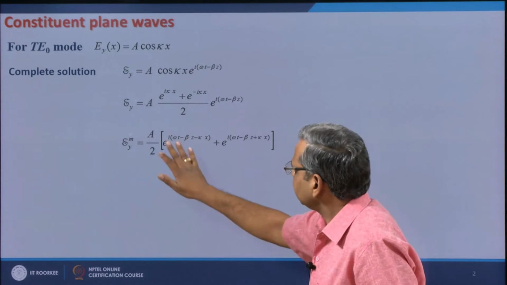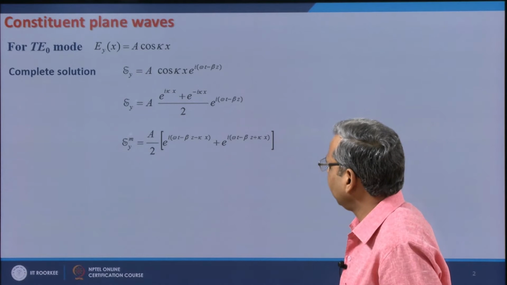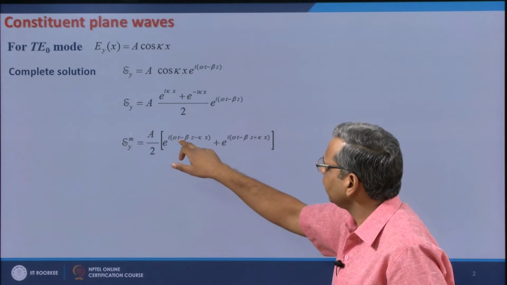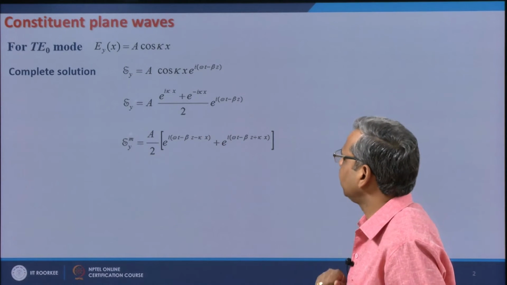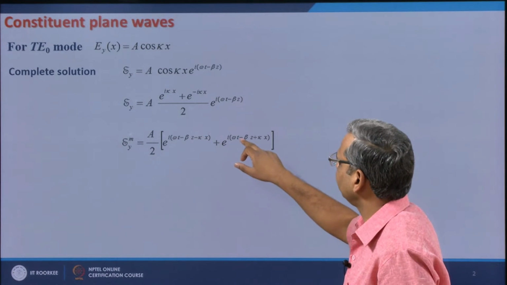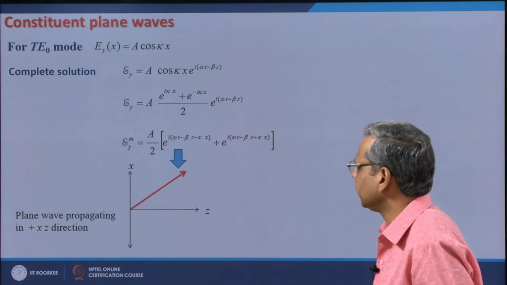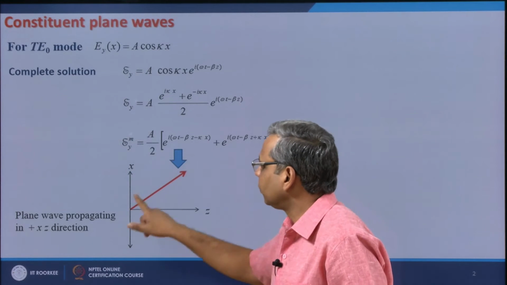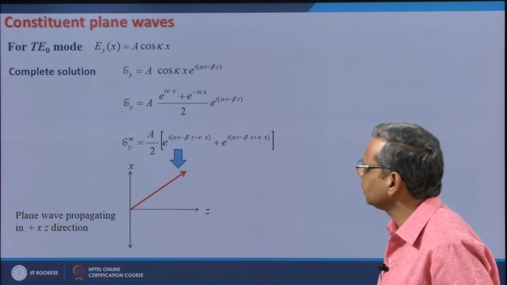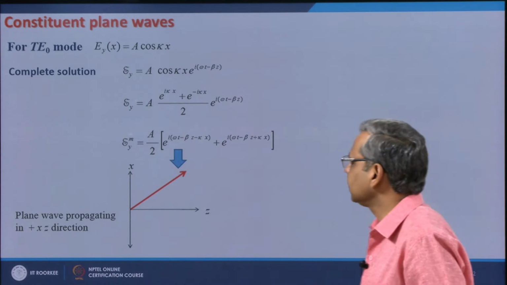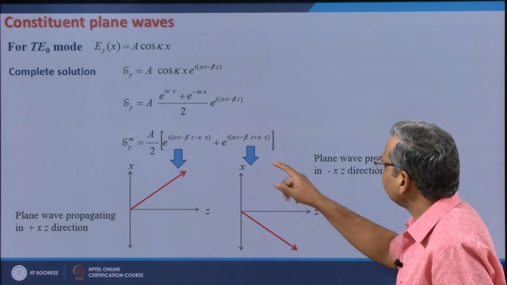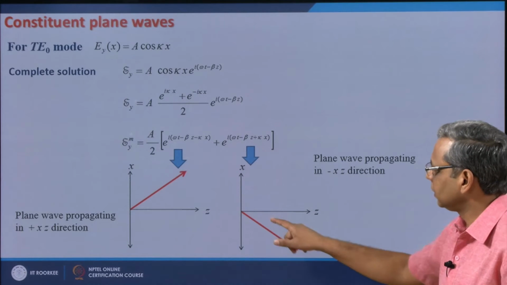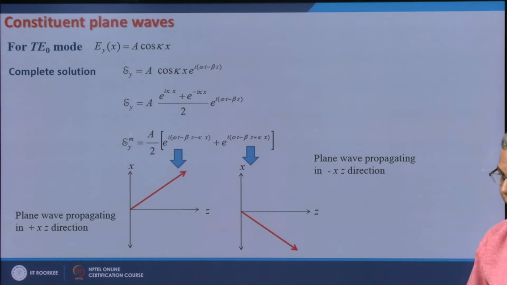Let me arrange the terms in a particular fashion. What I see is that this term has e to the power i omega t minus beta z minus kappa x, and this has e to the power i omega t minus beta z plus kappa x. So, this is nothing but a plane wave propagating in the plus x z direction, making a certain angle with the z axis, and this is another plane wave propagating in the minus x z direction, making a certain angle from the z axis.